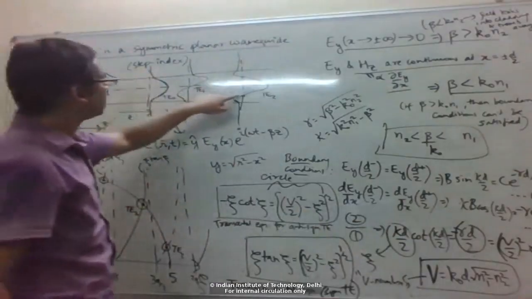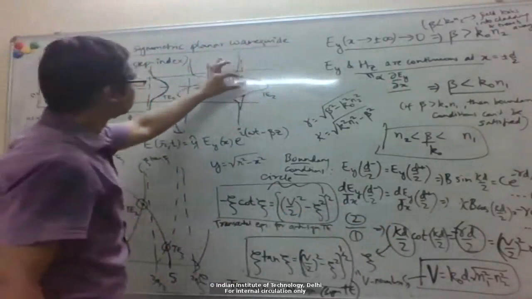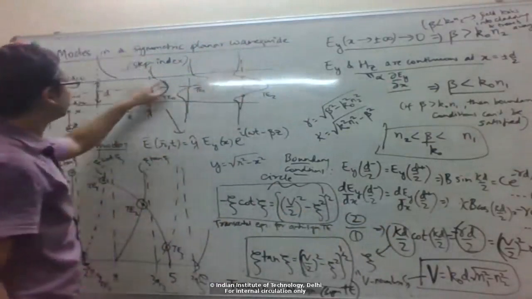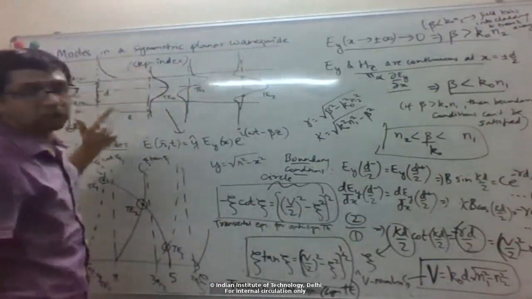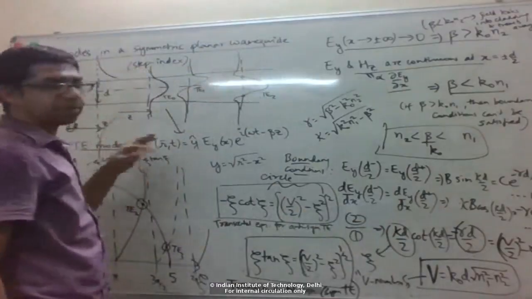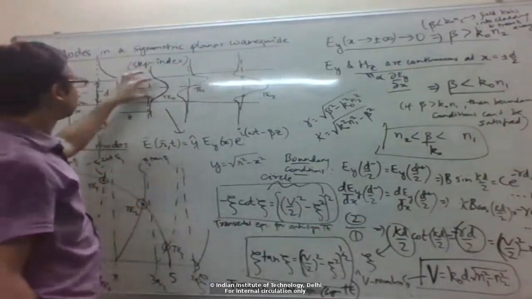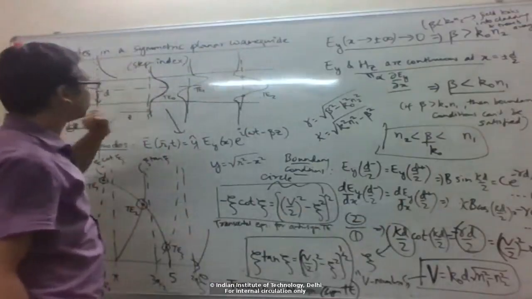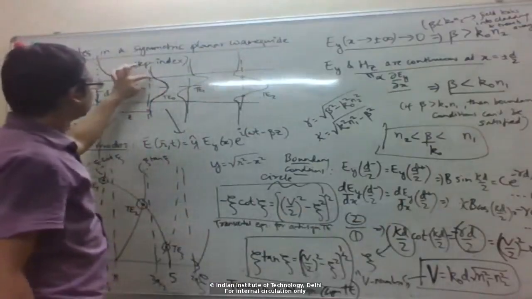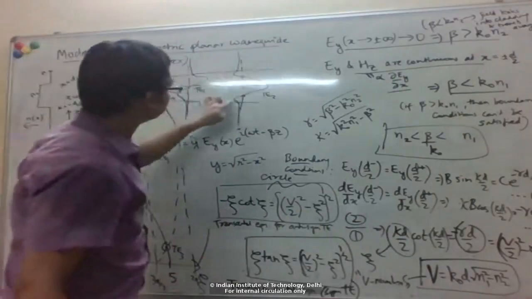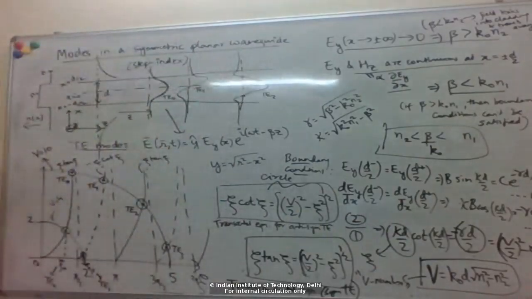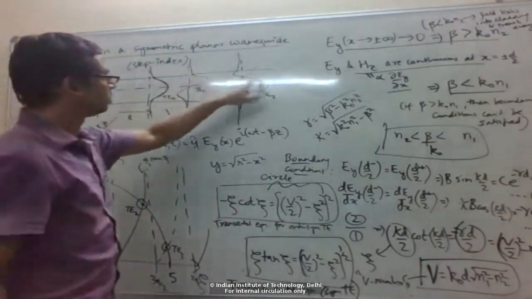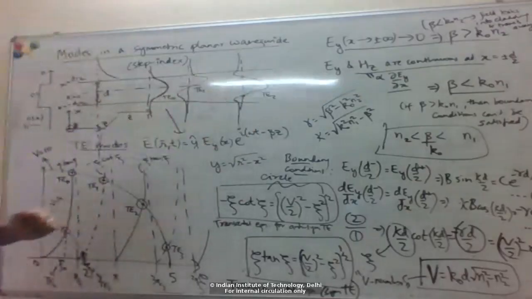So as you increase kappa, the period goes down. So it shrinks. That's why TE0 has a longer period because kappa is smaller, right? So 2 pi by kappa will give me the period of this sinusoidal wave here. So this is smaller kappa, this is larger kappa. So you have more oscillations within the core as the mode number increases.